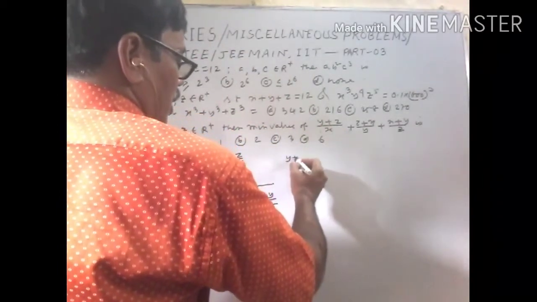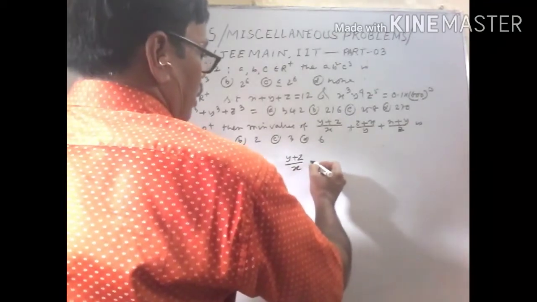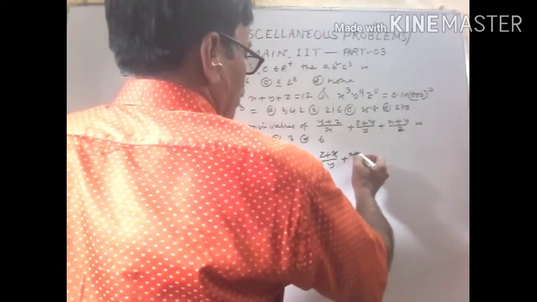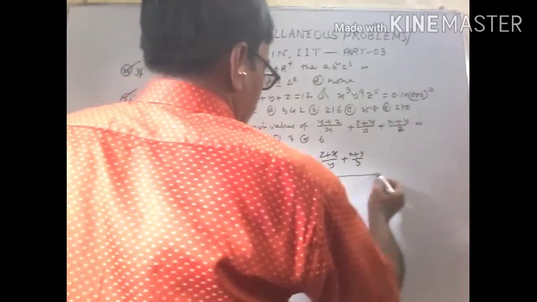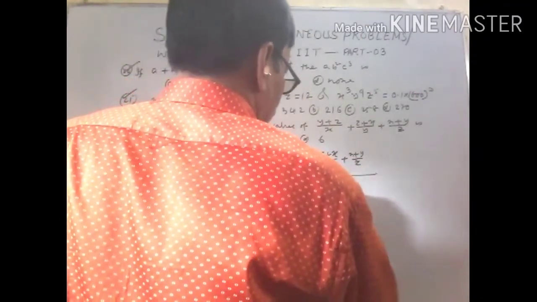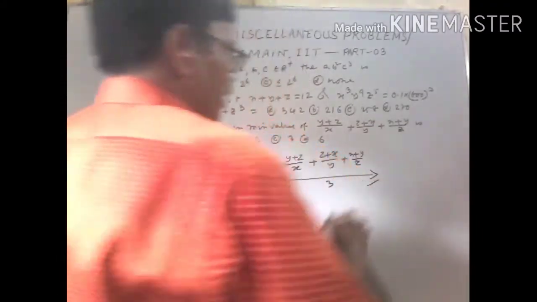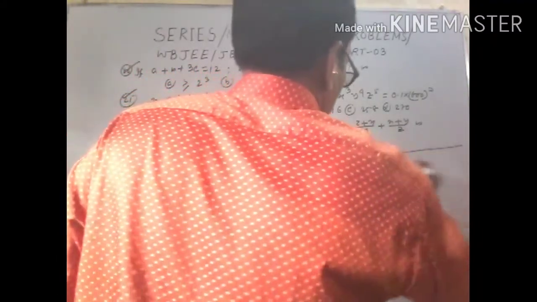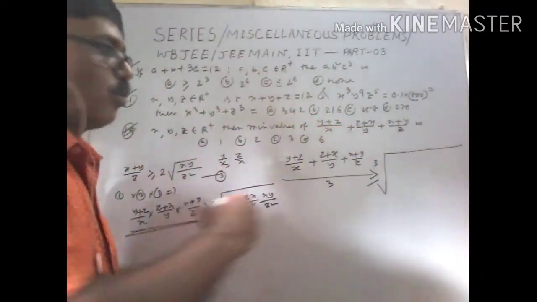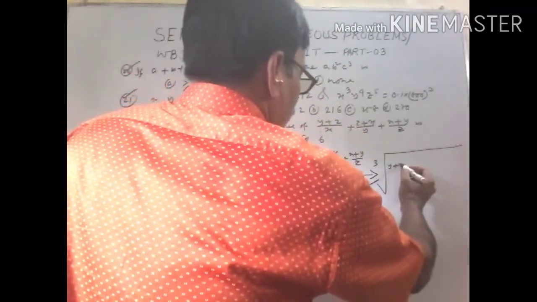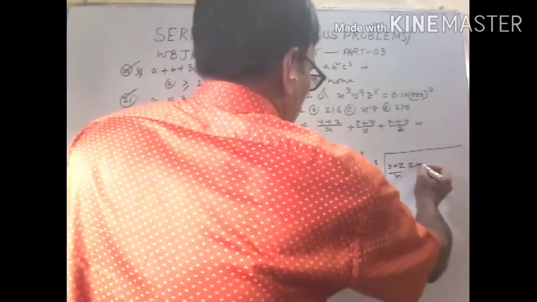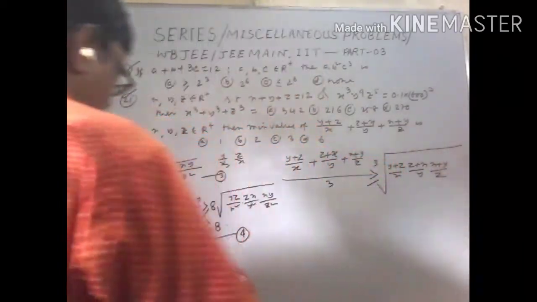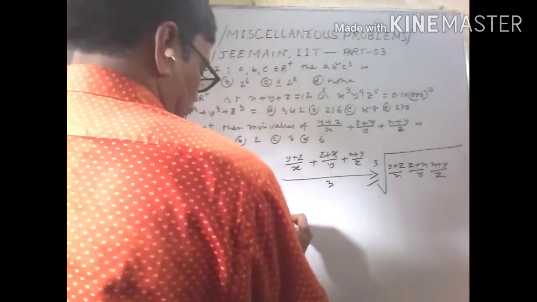If we consider this as the first one, this as the second one, this as the third one, the arithmetic mean is the sum by 3. So this is greater than or equal to the cube root of (y plus z) by x, (z plus x) by y, (x plus y) by z. Now from 3 we get the value of this.